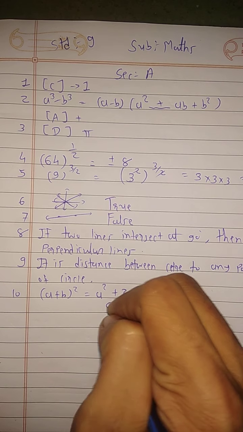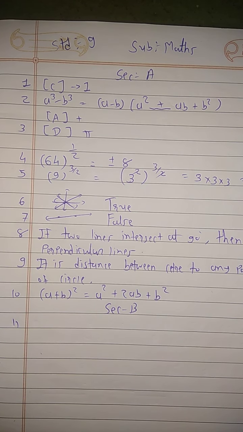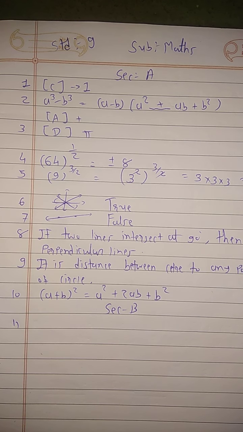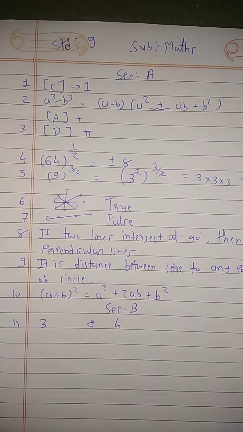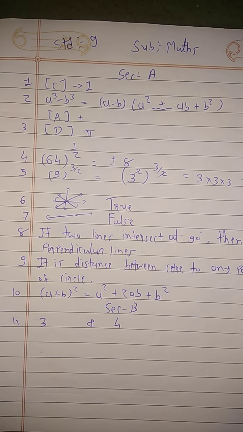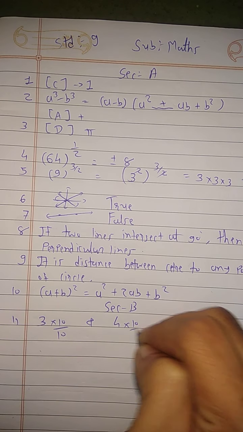After that, section B, question number 11. Now in that, find 4 rational numbers between 3 and 4. Okay, in between 3 and 4 we need to find 4 rational numbers. So here we can multiply with 10 and divide with 10.